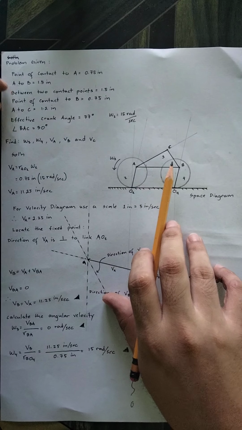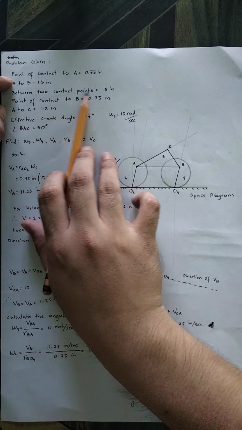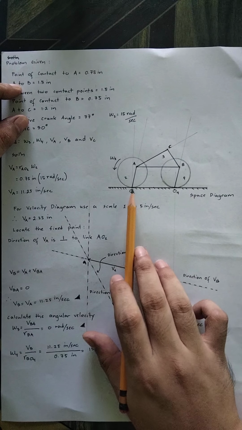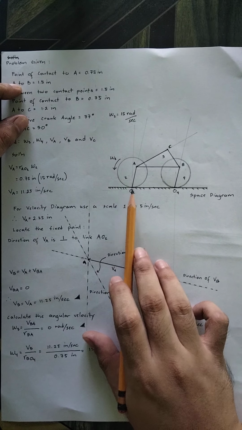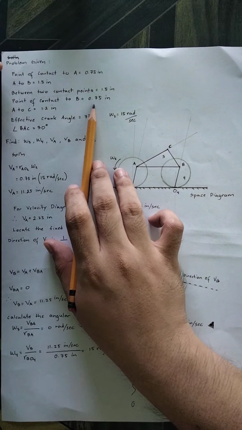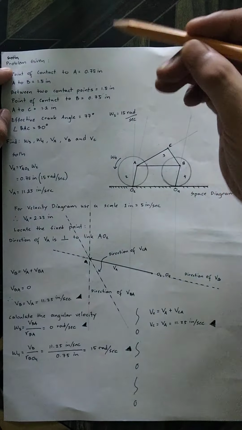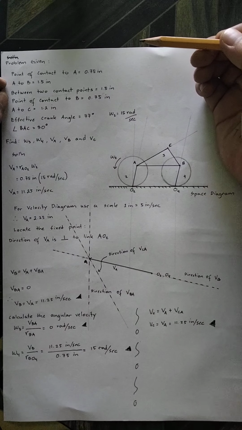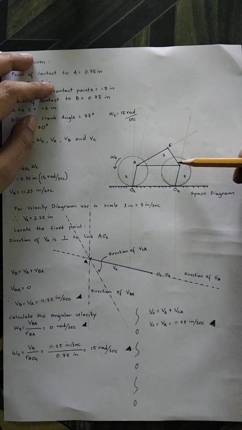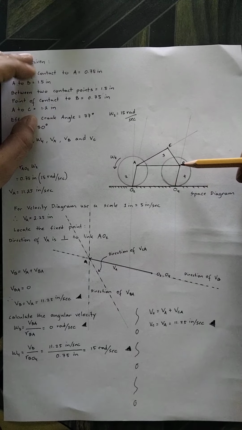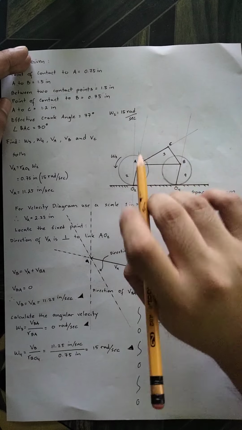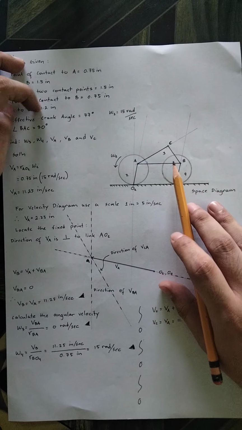Then between the two contact points, which I designate as O2 and O4, the distance is 1.5 inch. And the distance of point of contact O4 to B is 0.75. Then A to C is 1.2 inch.